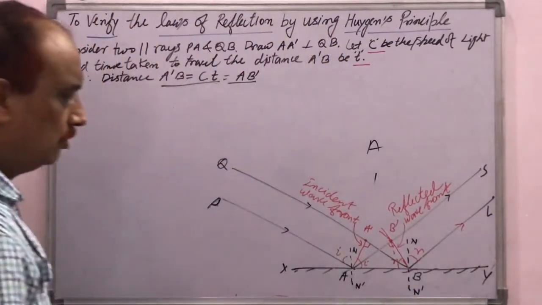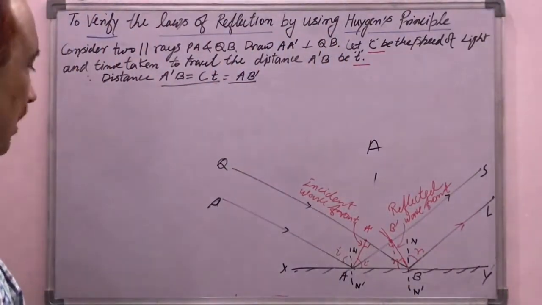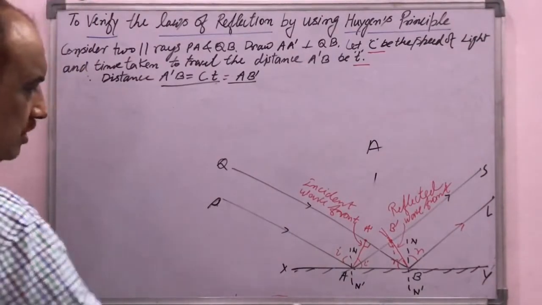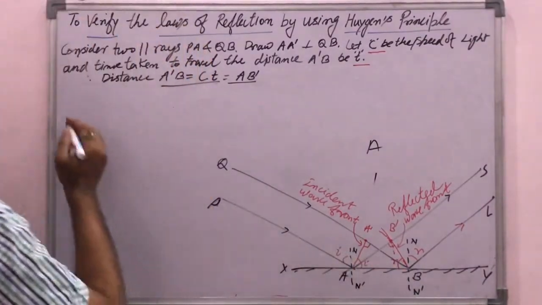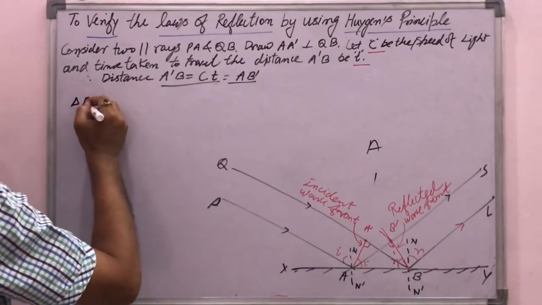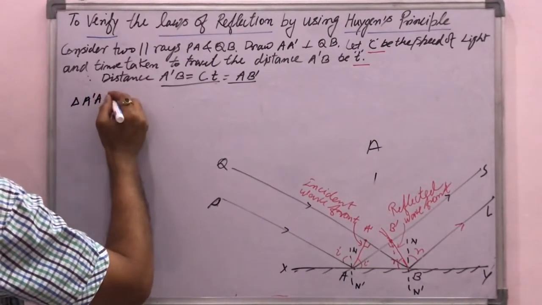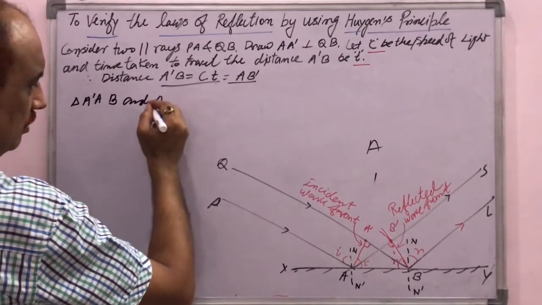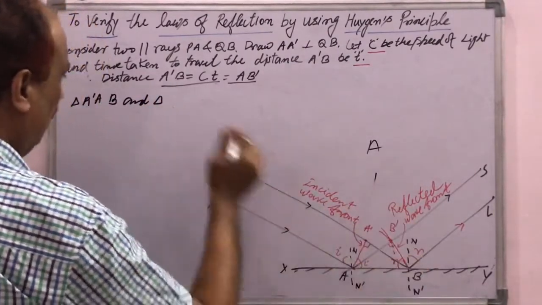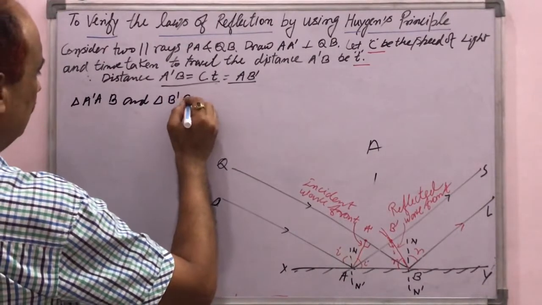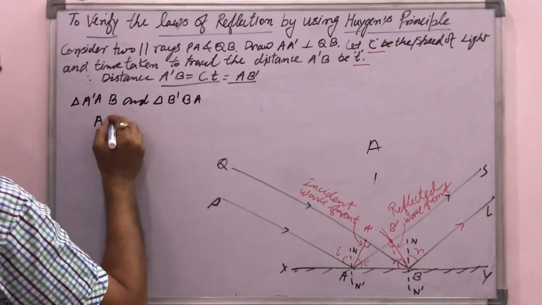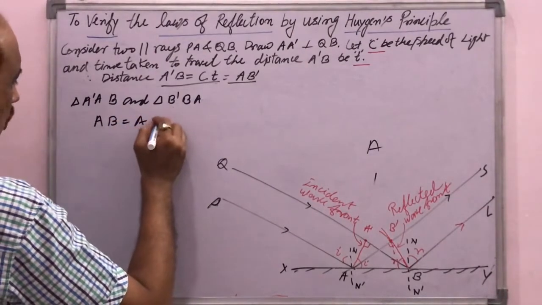Now to verify the laws of reflection, we take two triangles formed on the same base AB: triangle A dash AB and triangle B dash BA. In these two triangles, first, the base AB is common.